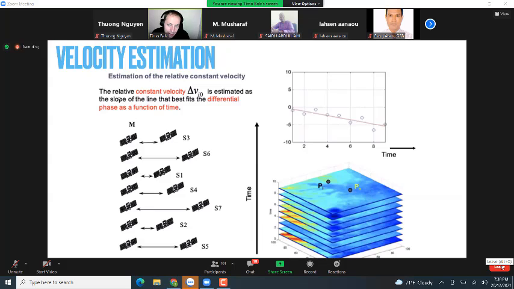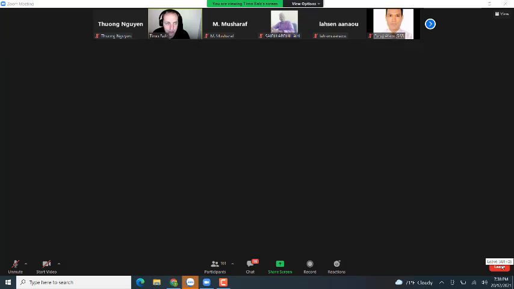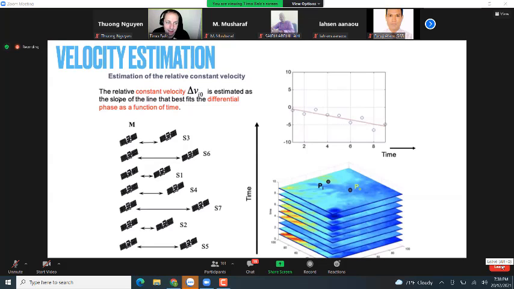So we would know for this velocity how much deformation would occur after a given number of days between them.